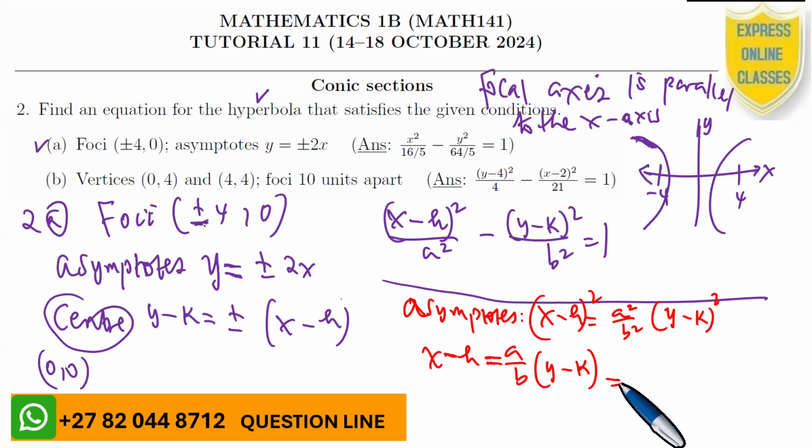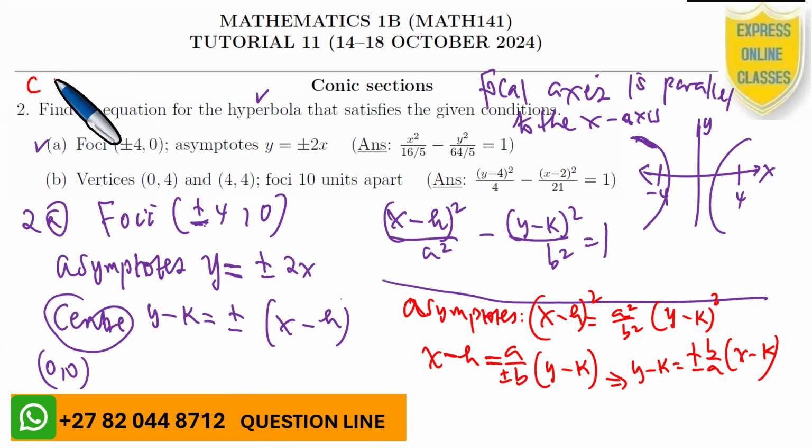And then if x is coming first, then it is y minus k, which is plus or minus b over a. Right, and by dint of this, it would mean a couple of things, but it means that c is the square root of a squared plus b squared.